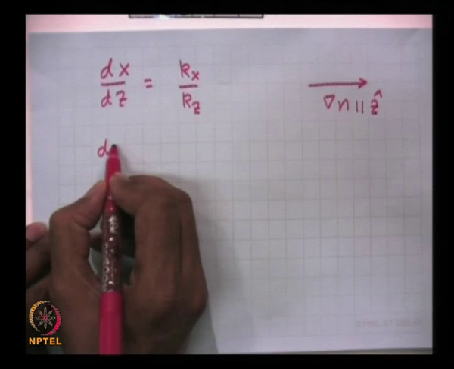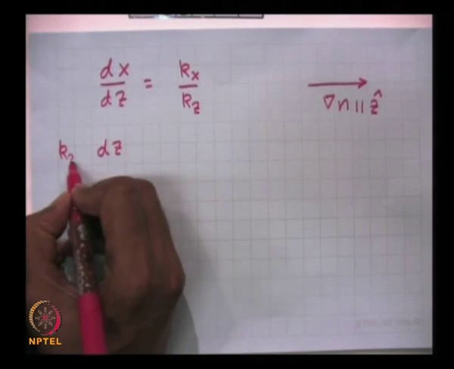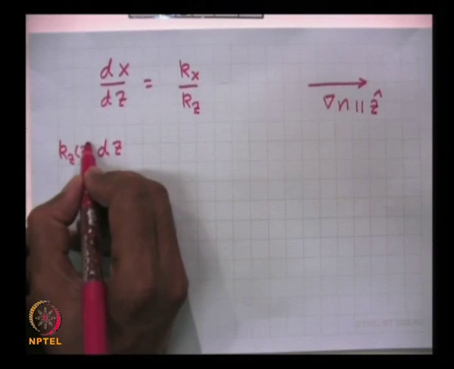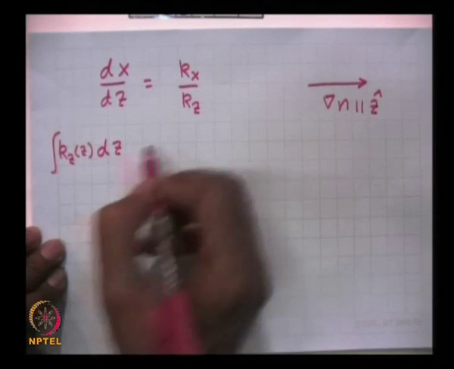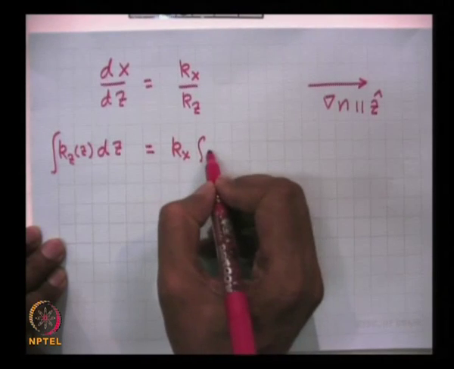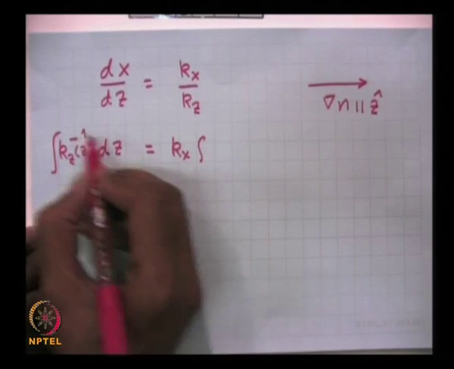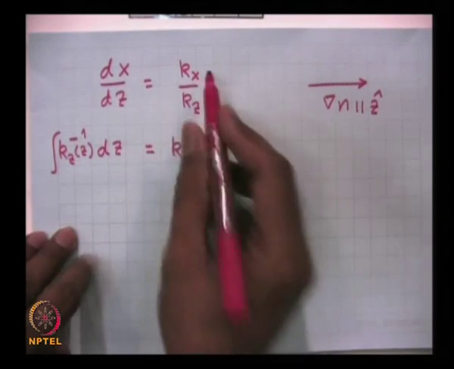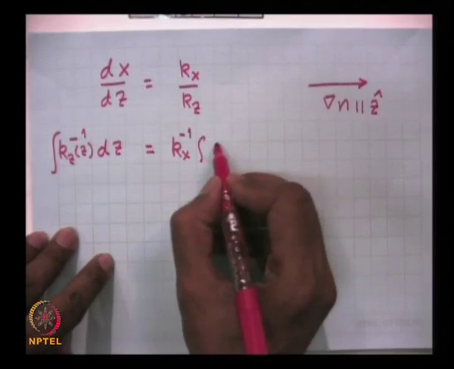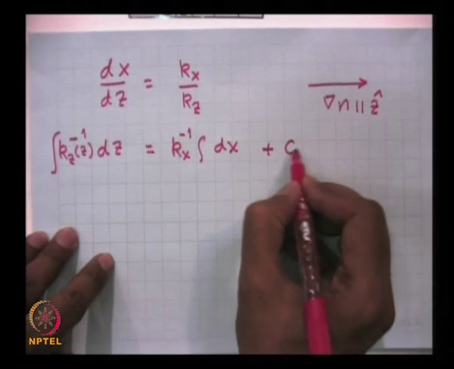Sorry, I made a mistake, this is inverse: kz inverse into dz is equal to kx inverse into dx plus a constant of integration.